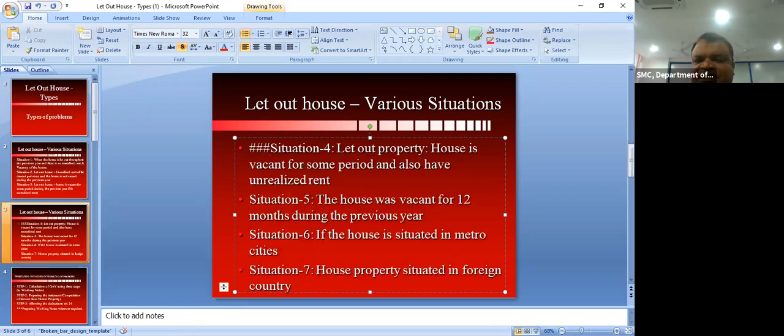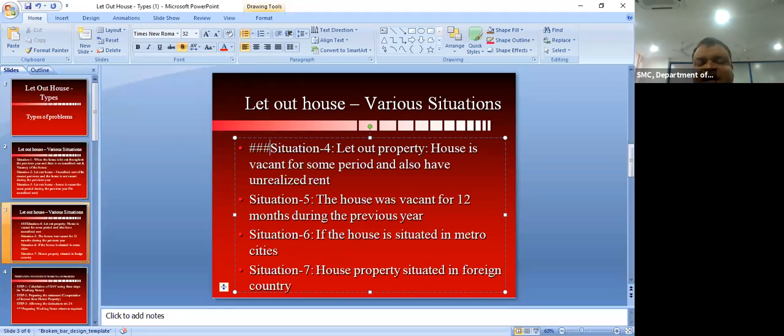In the exam, most probably you get the fourth situation type of sum only, where the house has been let out in a previous year. Out of that, there might be 8 months, 9 months, 6 months you might have received rent. For 2 months there might be unrealized rent. For 2 months there might be vacancy. So the fourth situation covers the first three situations.